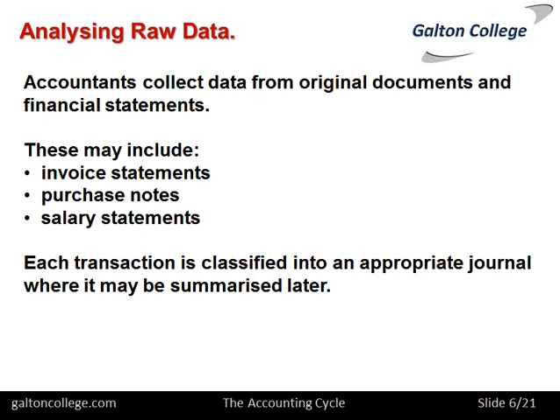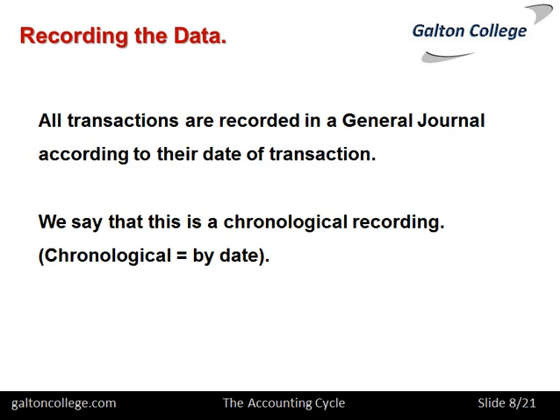So having collected the information, it goes into an appropriate journal. But all transactions are recorded in a general journal according to their date of transaction. We say it's a chronological recording done by the day. It's like a diary, really. Each transaction is entered into this general journal.